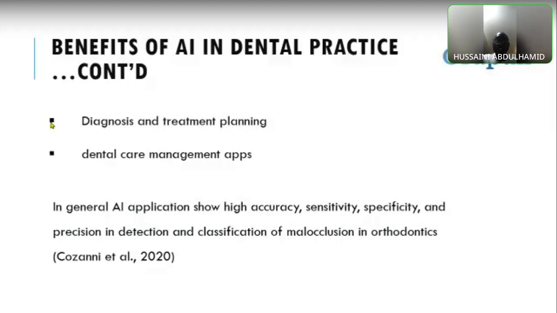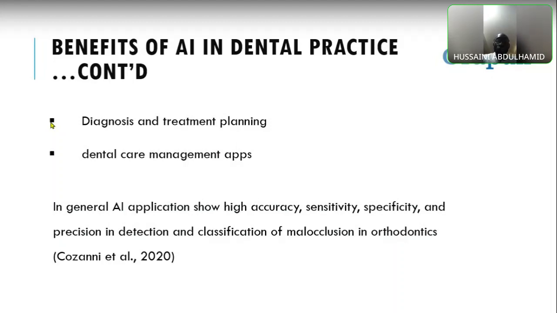This is just to give an example, according to a research by Karazani et al. conducted in 2020. It is proven based on that research that artificial intelligence shows high accuracy, sensitivity, specificity, and precision in detection and classification of malocclusion.